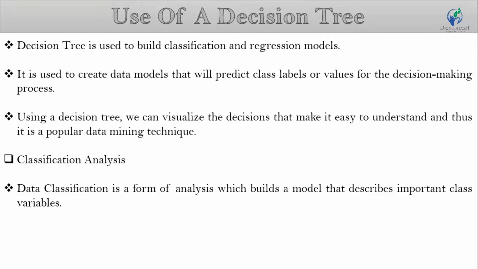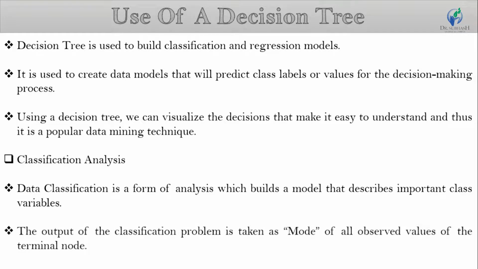Classification methods are used in machine learning and pattern recognition. Applications of classification include fraud detection, medical diagnosis, target marketing, etc. The output of the classification problem is taken as the mode of all observed values of the terminal nodes.